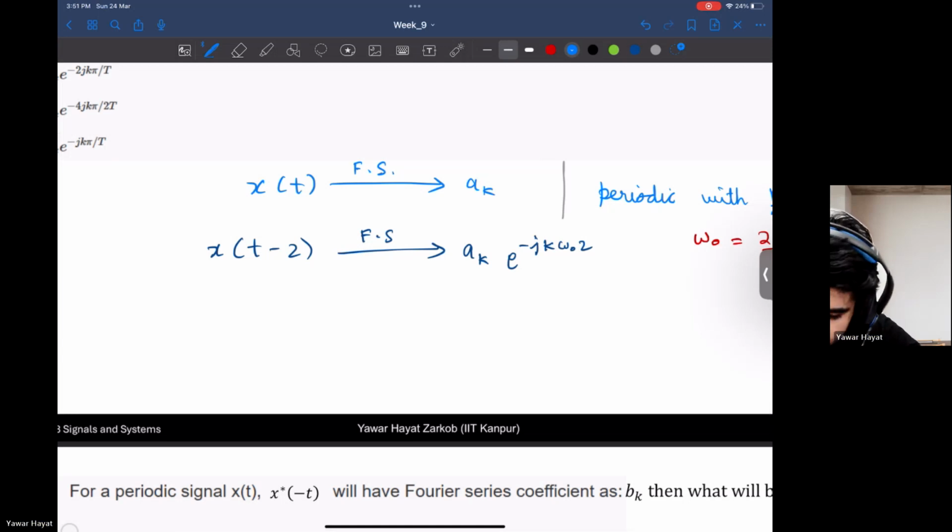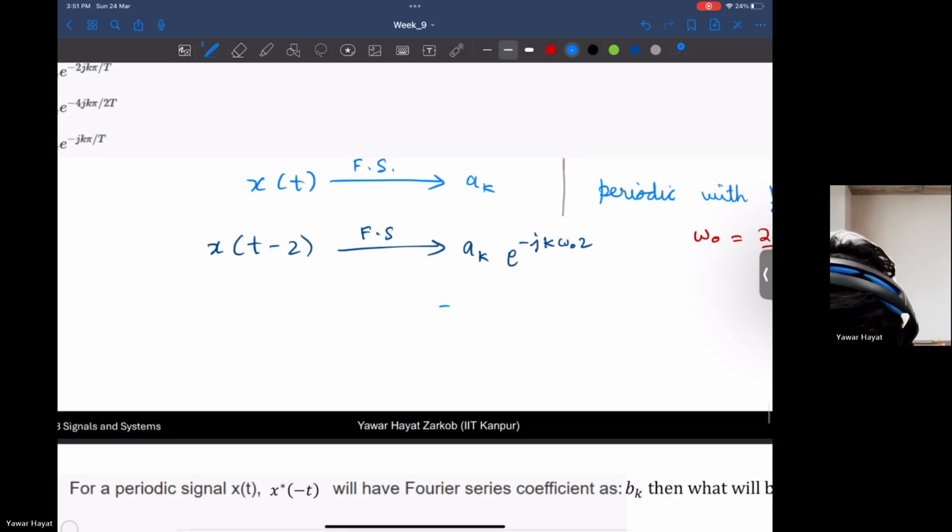So this would be ak exponential of minus jk, omega naught is 2 pi by T, times 2.